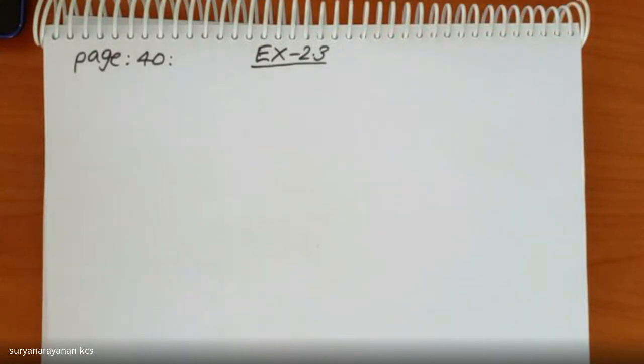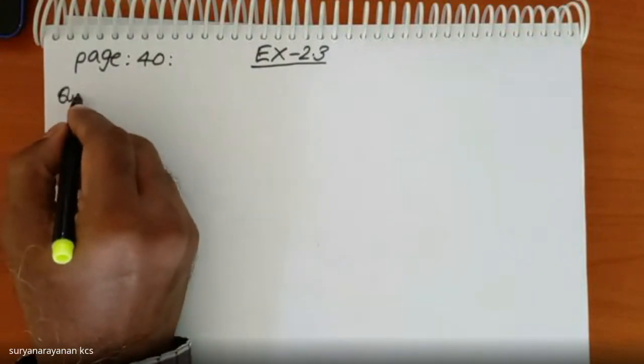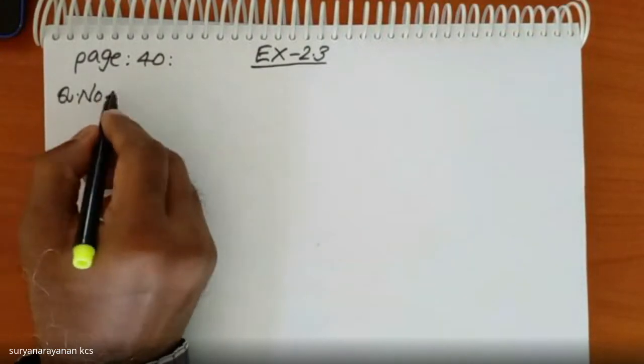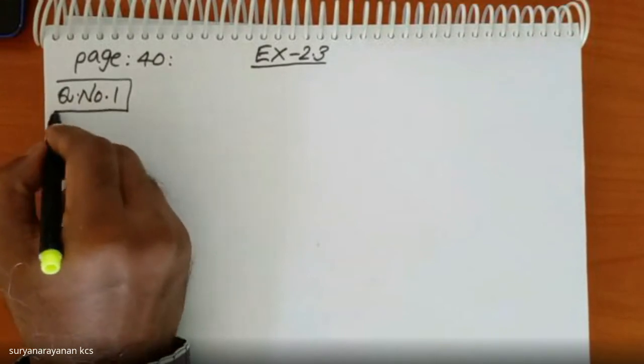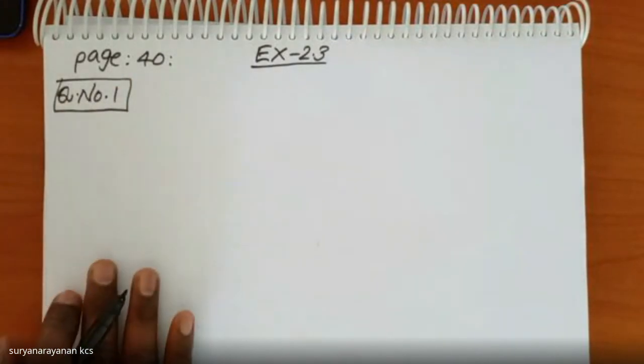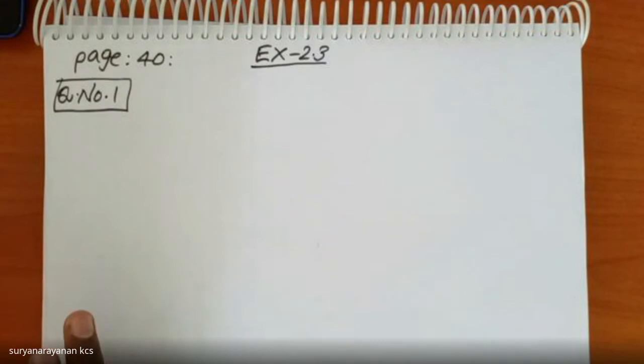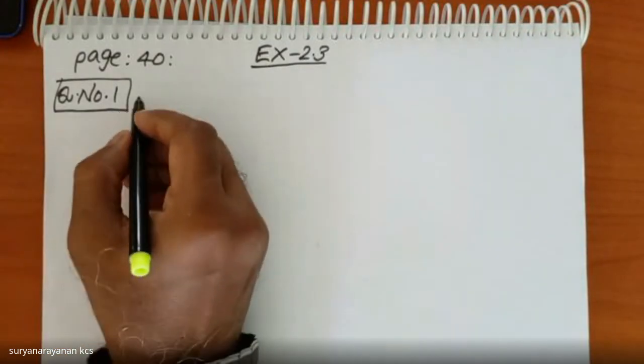How many parts are there in this question? Tell me. So 5. Total 5 parts are there. Here I am explaining the first, second and fifth one. Please try the remaining questions.